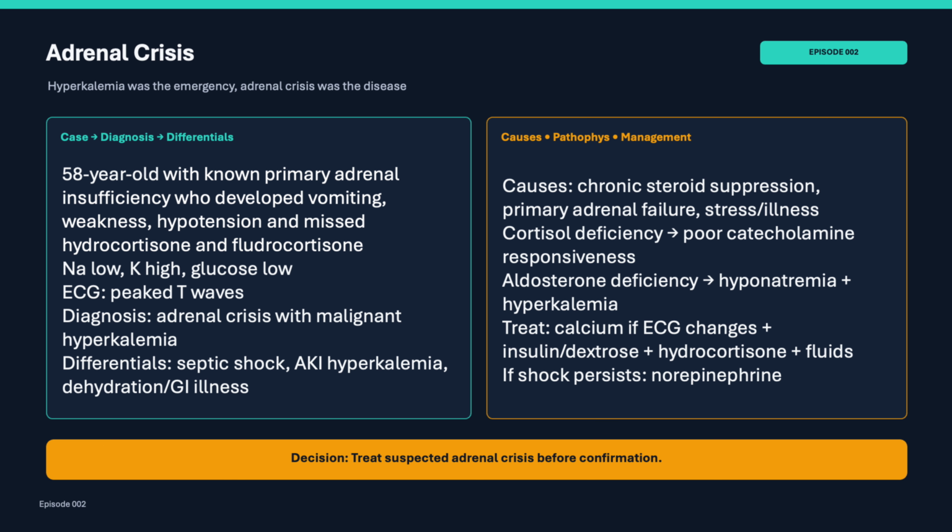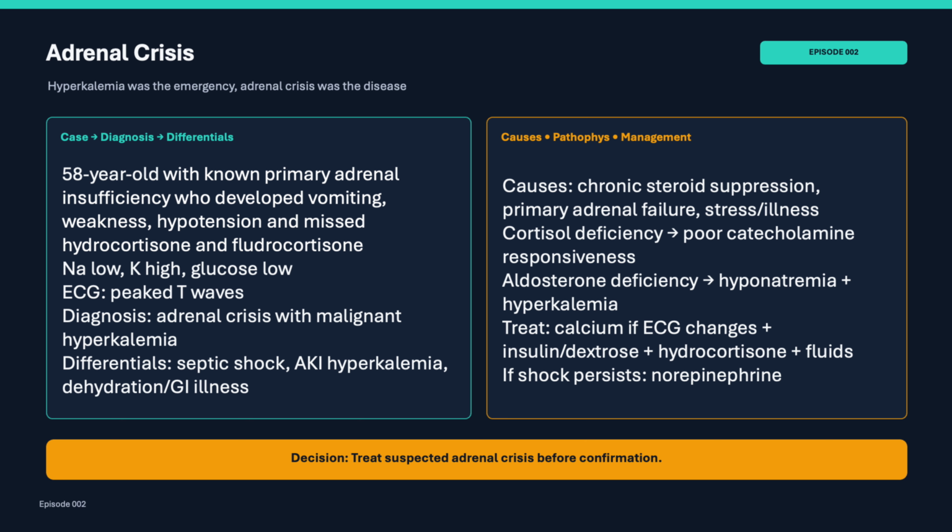The pathophysiology involves deficiency of cortisol, and in primary adrenal insufficiency, aldosterone is also deficient. Cortisol is necessary for a normal vascular response to endogenous and administered catecholamines. Without adequate cortisol, vascular tone falls and hypotension may respond poorly to fluids and vasopressors.